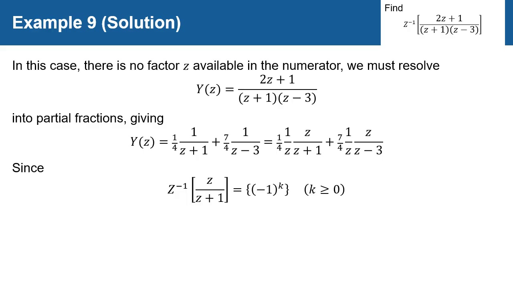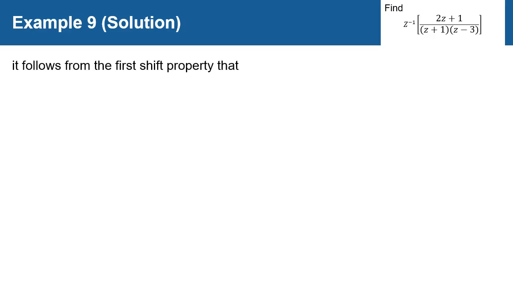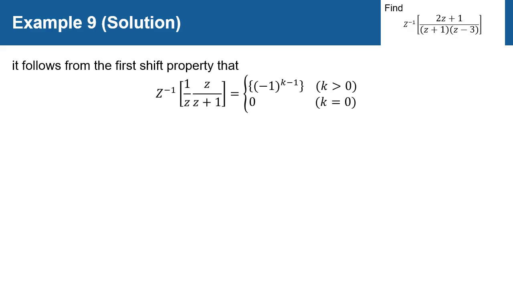Since the inverse z transform of z over (z + 1) is equal to (-1)^k, where k is greater than or equal to 0, and the inverse z transform of z over (z - 3) is 3^k, where k is greater than or equal to 0, it follows from the first shift property that the inverse z transform of 1 over z times z over (z + 1) is equal to (-1)^(k-1) when k is greater than 0, and that is 0 when k is equal to 0.